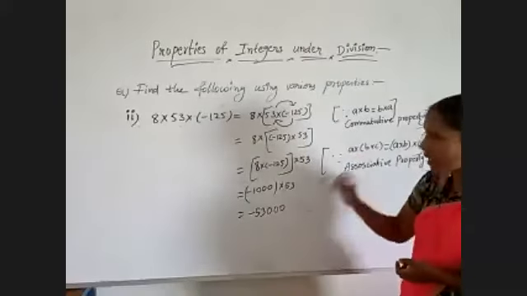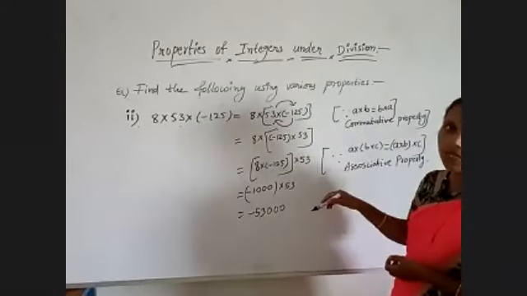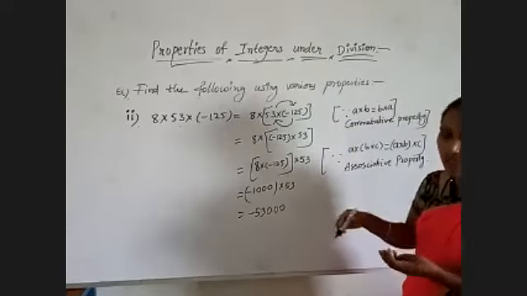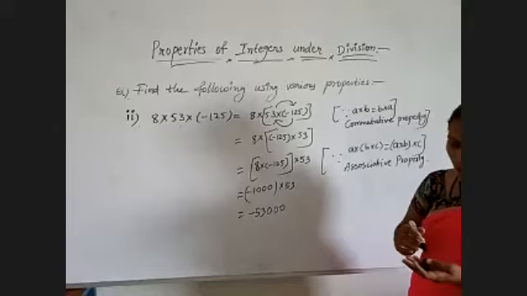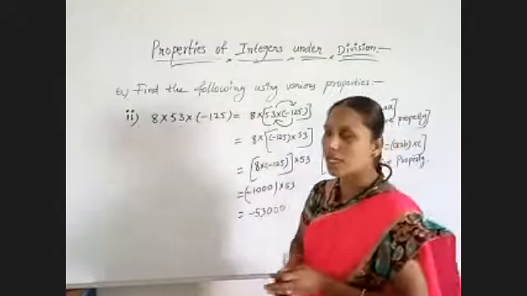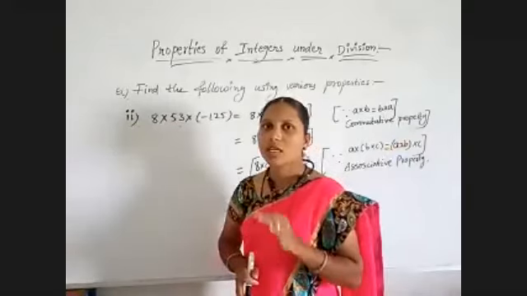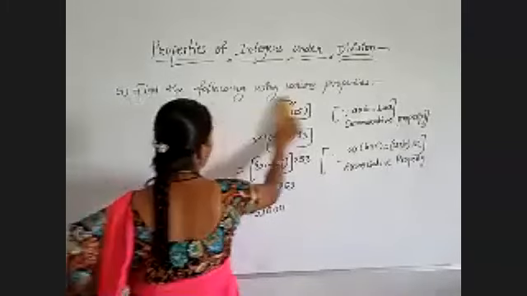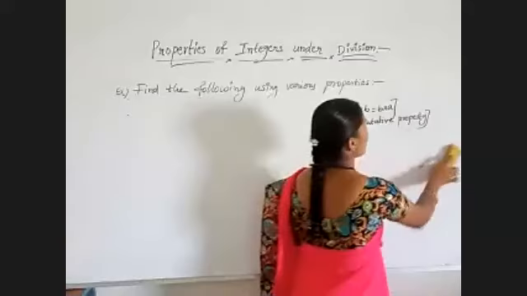So to avoid that only, we are using the properties. So these are the properties which we are using to reduce the time and easily calculations. So remember, these are very helpful and very easy to do. Already you performed this type of questions for whole numbers.